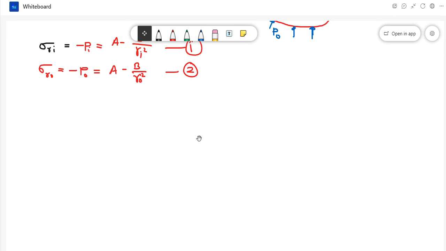So what we will do, this is equation number 2, this is equation number 1, so do 2 minus 1.